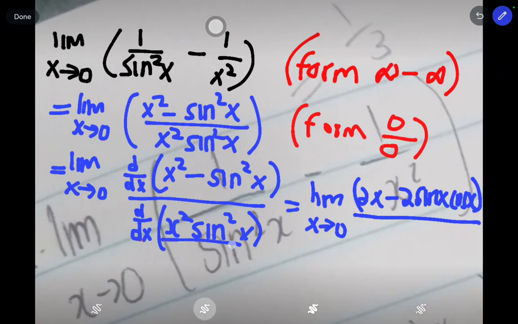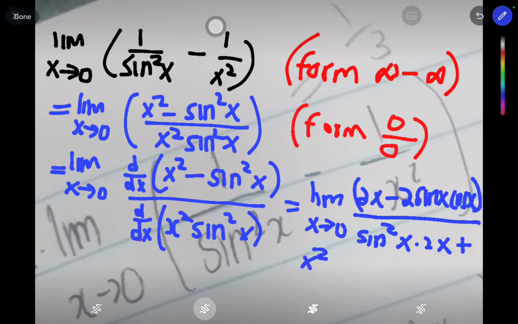When I derive this, I can do this aside. I can say, let's say I start by keeping sin squared x, and then I derive x squared, I'm going to get 2x, and then plus, now I keep the x squared, I derive the sin squared x, this will just be 2 sin x cos x.